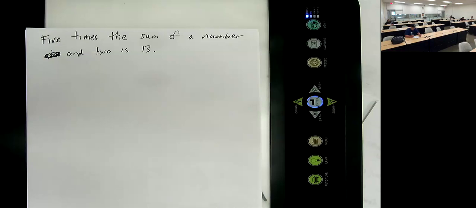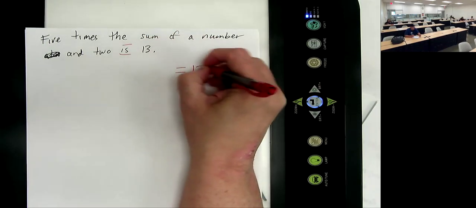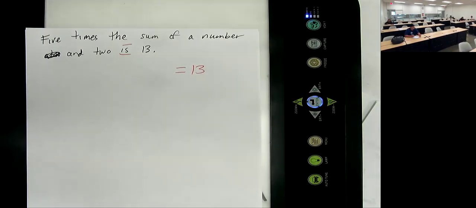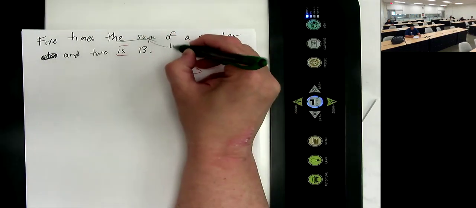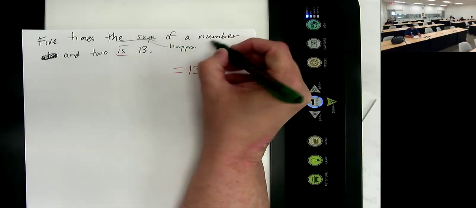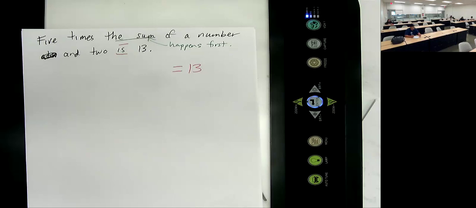So the is gonna be our equal sign. And on the right side of the equal sign is the number 13. Now, 5 times the sum, what's implied here is the sum happens first. Cause you can't do 5 times it until you have it. So it says the sum of a number and 2.